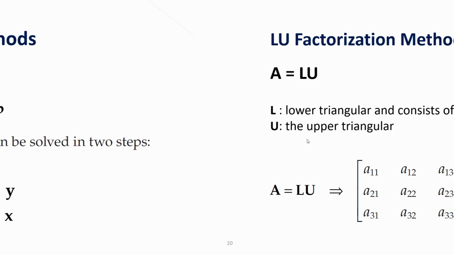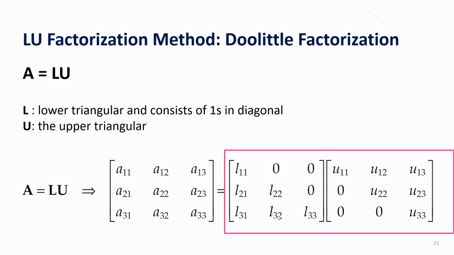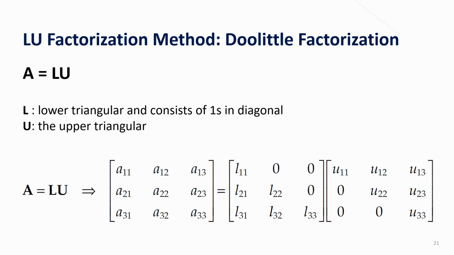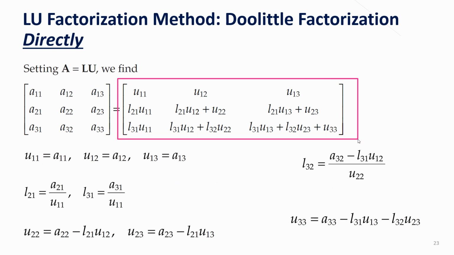Go back here, this one. Okay, if you multiply this with this, you will get this new matrix. So this is A, and on the right hand side is L multiplied by U.